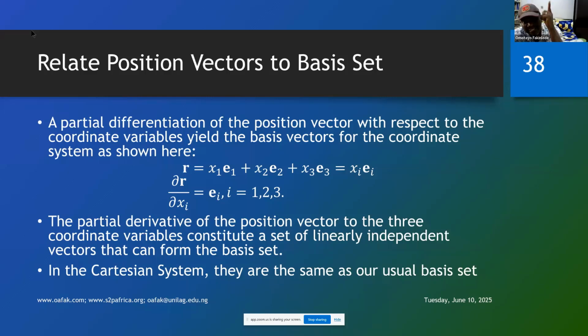If you differentiate the position vector with respect to the coordinate axis, you are going to get the basis vectors you are looking for. That is how we will find our basis vectors, and it will always work.